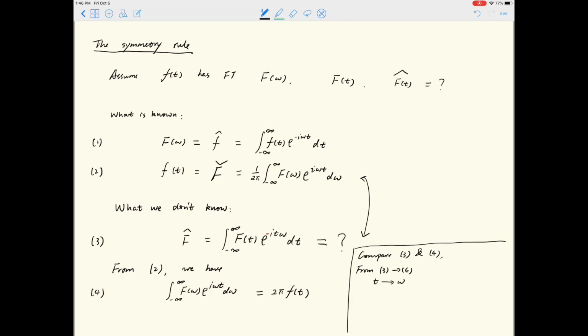If we replace t by omega and minus omega replaced by t, we will go from 3 to 4. So I'm thinking of a better way to explain this. This logic does not work very well. Let me try again.